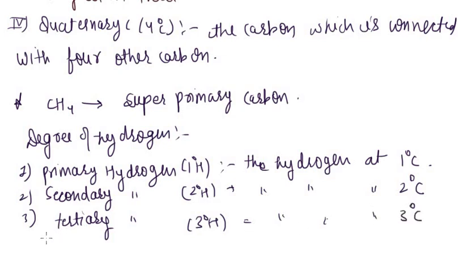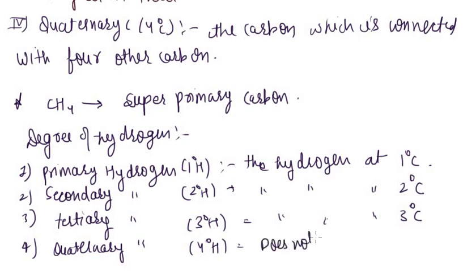Now the fourth is quaternary hydrogen, or we can say 4 degree H. So 4 degree H does not exist because we know when the carbon is 4 degree, we do not have any place to put the hydrogen. All valencies are satisfied.